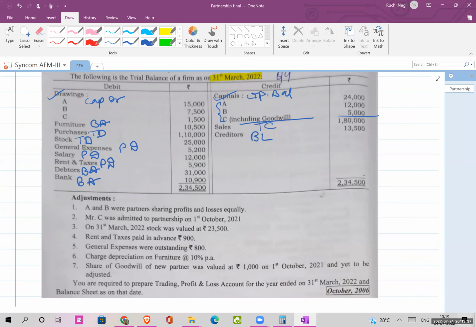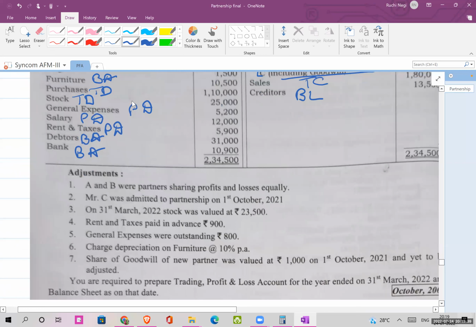Okay. Next, they have said A and B were partners sharing profits and losses equally. So that is 1:1. C was admitted in partnership on 1st October 2021. In between admit हुआ है, right? तो pre और post period का concept तो definitely आएगा. Correct?